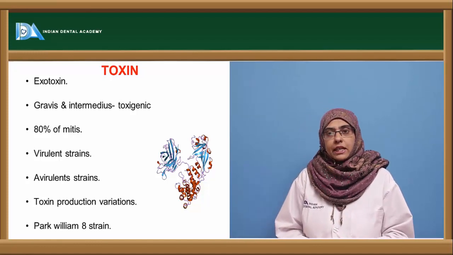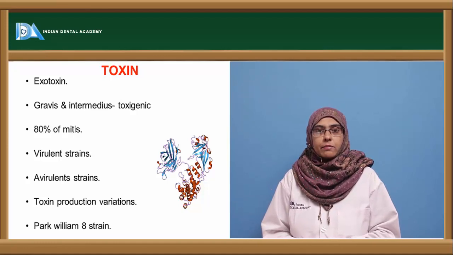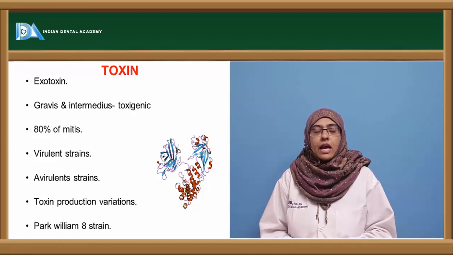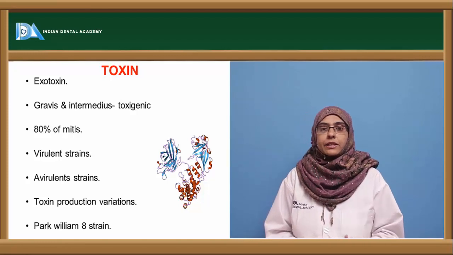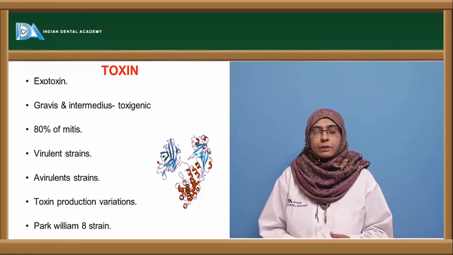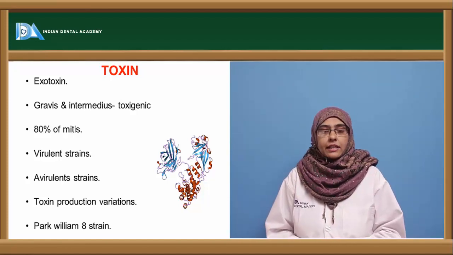It is said that gravis and intermedius are highly toxinogenic in nature, whereas mitis is less toxinogenic. 90 to 95% of gravis and intermedius have the ability to produce the toxin, whereas 80% of mitis have been reported to produce it.